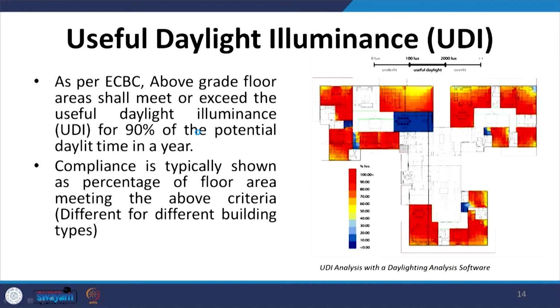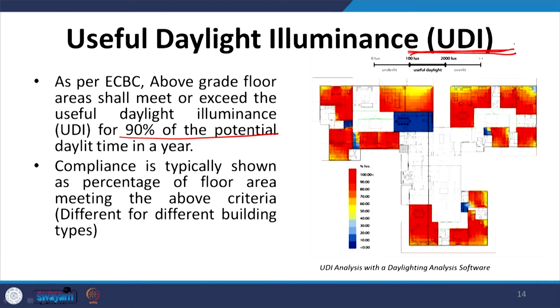When we are talking about compliance as per ECBC, UDI has now replaced the daylight factor, and in UDI as per ECBC, 90% of the areas must be potentially daylit. Currently, daylight factor has been replaced by UDI, useful daylight illuminance, and the criteria varies.